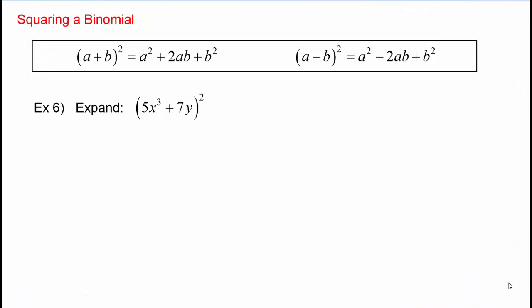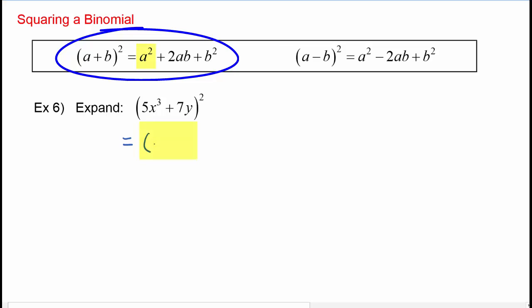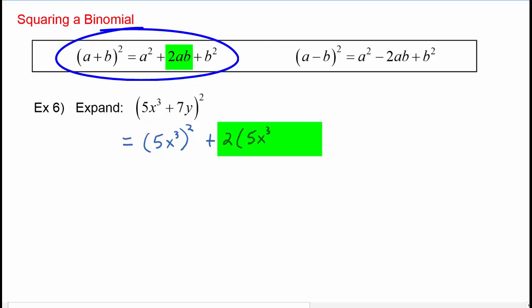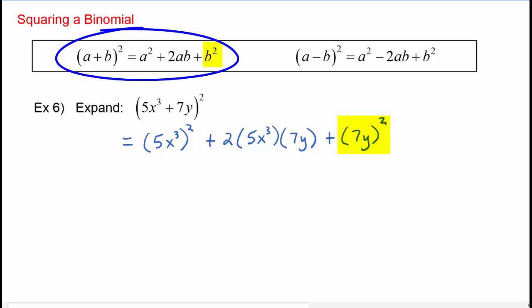In example 6, we're going to expand the quantity 5x cubed plus 7y squared. So applying the rule here, we have the first term, which is 5x cubed squared, plus 2 times the product of the first term times the second term, plus the second term, 7y squared.